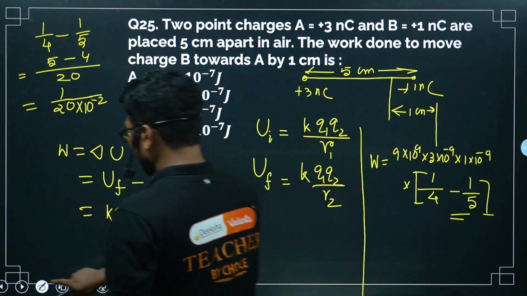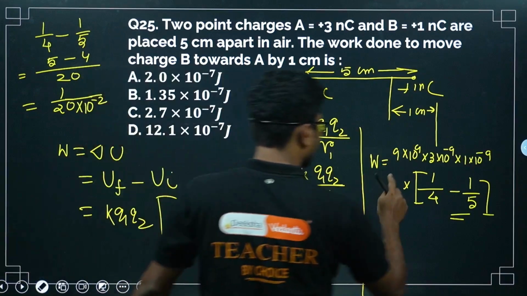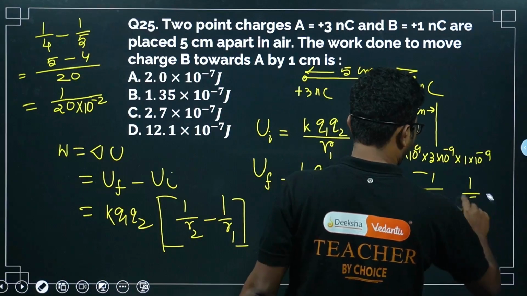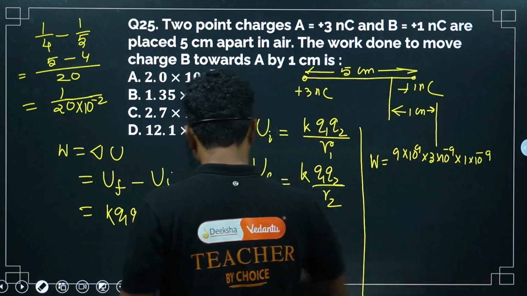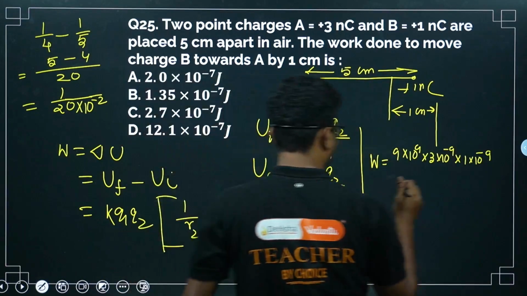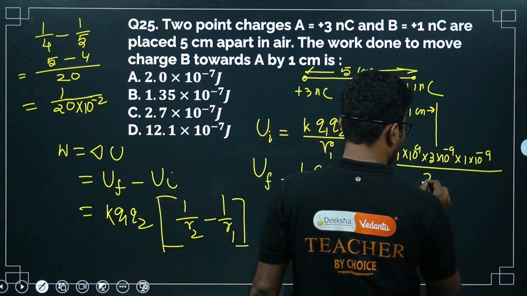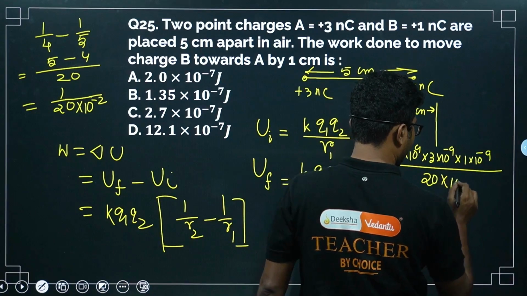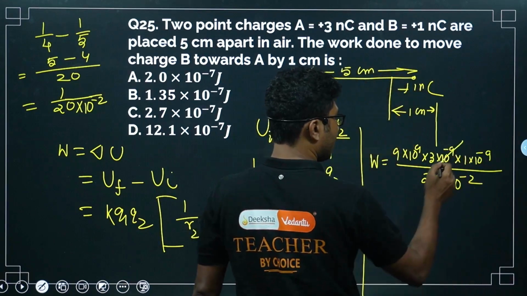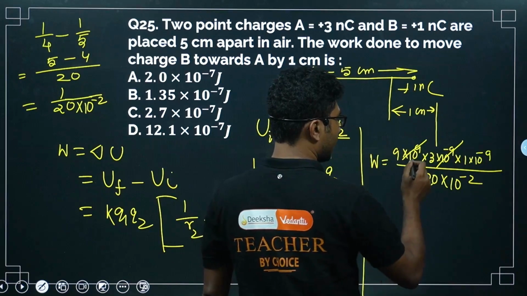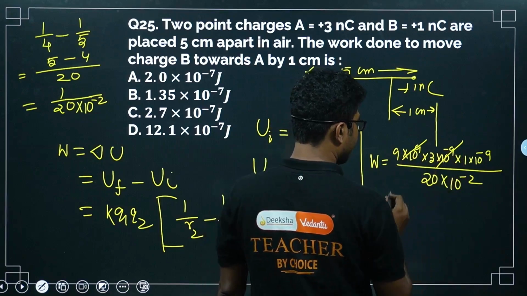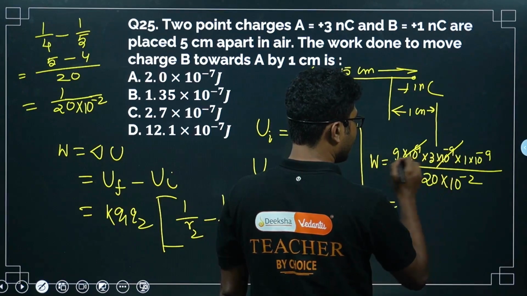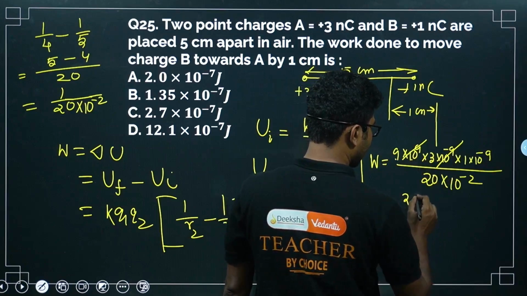So you can write this as 20 times 10 to the power of minus 2. Now 10 to the power 9 will cancel, right? Plus 9 minus 9. Now you have to check what is the answer. 3 nines are 27.